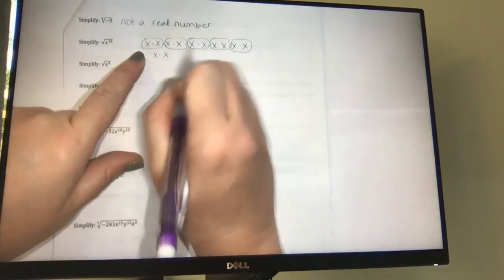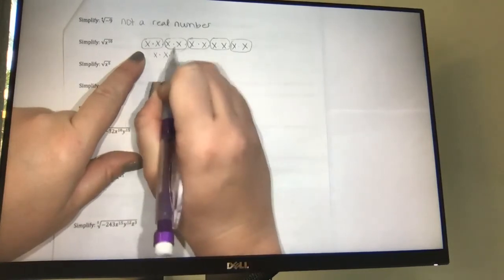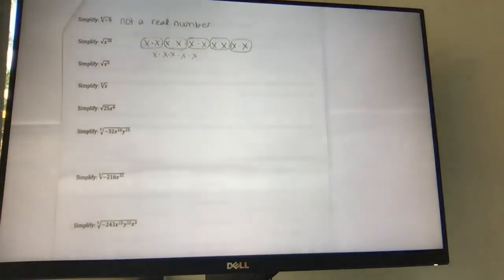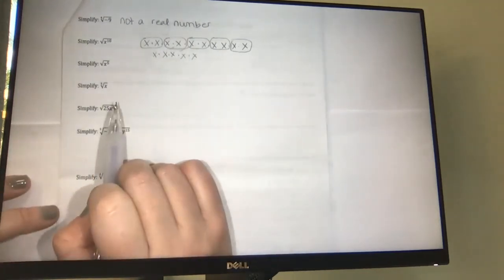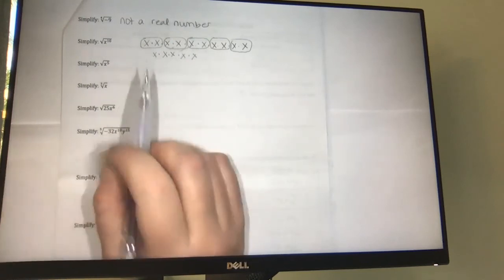So I'm going to take an x out of this group, an x out of this group, an x out of this group, an x out of this one, and an x out of this one. I don't have anybody that's not grouped, so I don't have anyone going underneath a root. Now I have 5 x's. So what does that equal? x to the 5th, right?